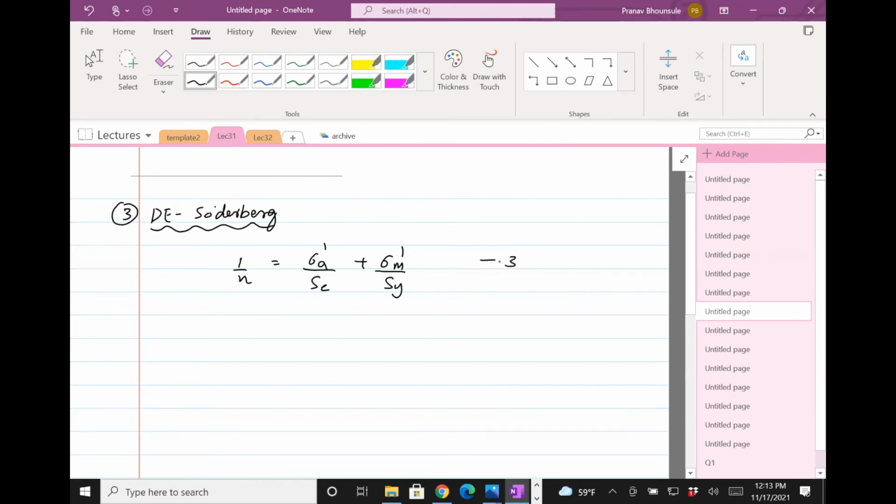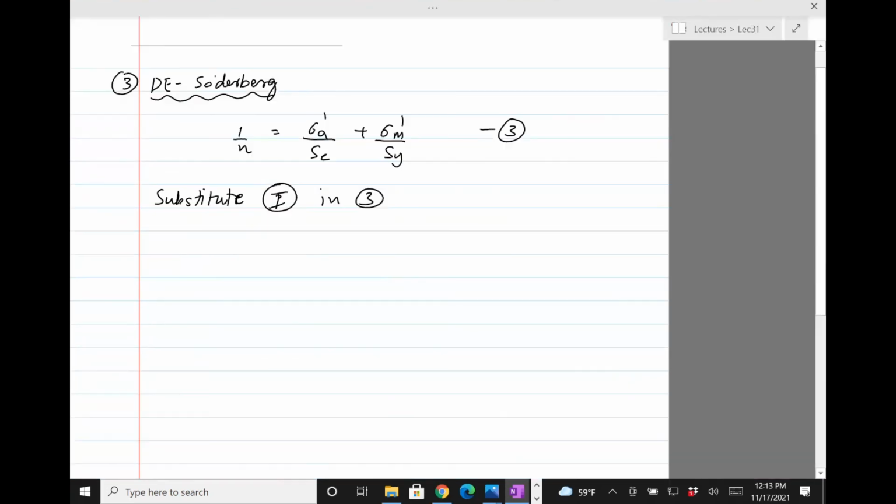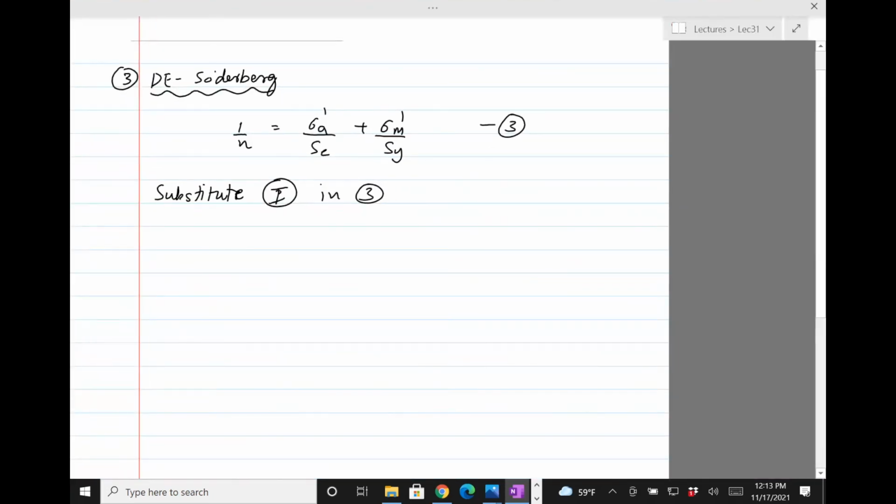Let's call this 3, and all we do is substitute 1, which was the equation for sigma A prime and sigma M prime, in 3. And that essentially gives us an equation involving factor of safety and D. And so we'll solve for factor of safety first.